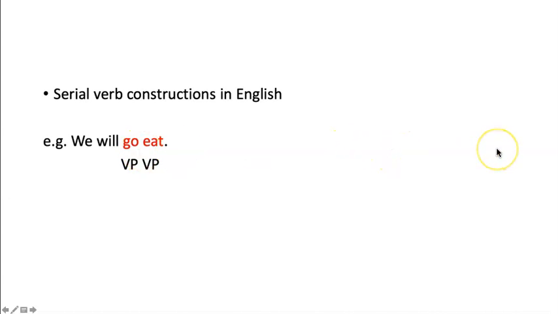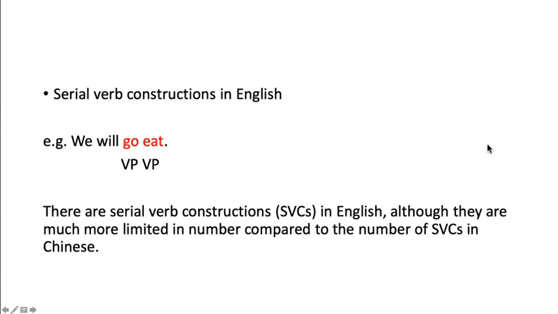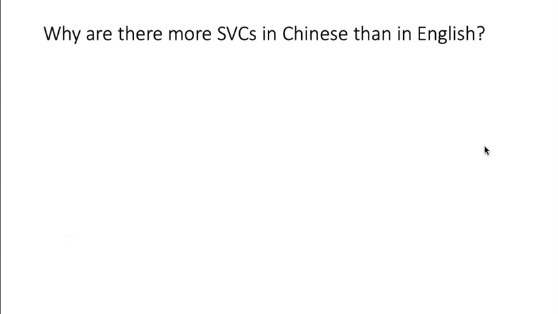So that is a serial verb construction, and also they are related to one event, go eat, a complex event. So there are indeed serial verb constructions in English. However, they are much more limited in number compared to the number of serial verb constructions in Chinese. Why is that?